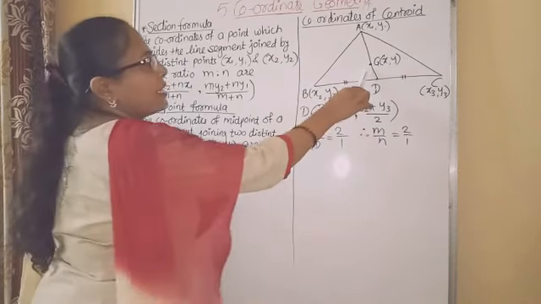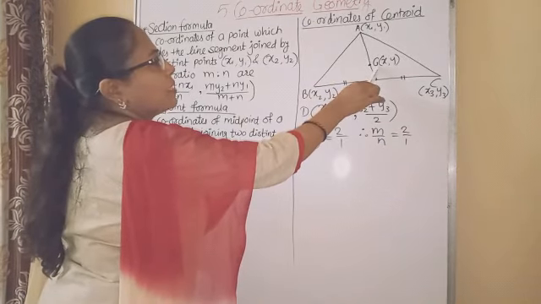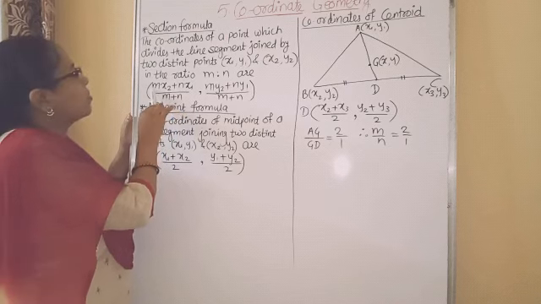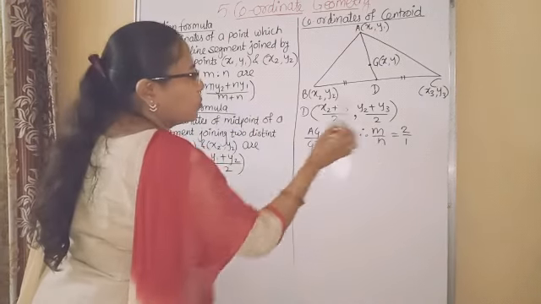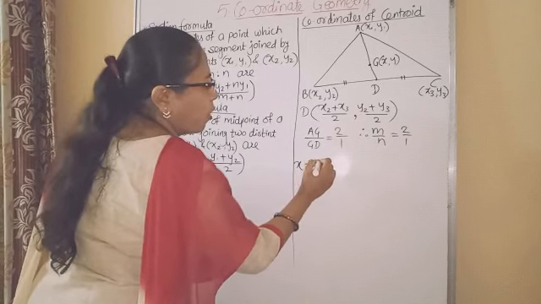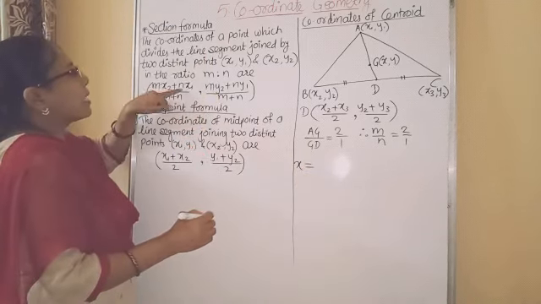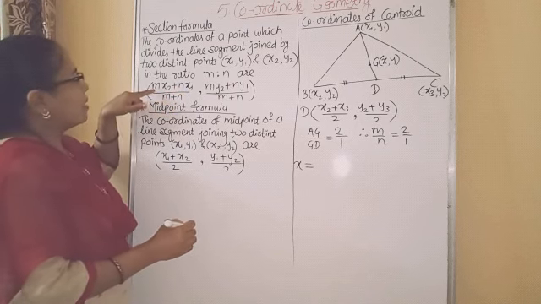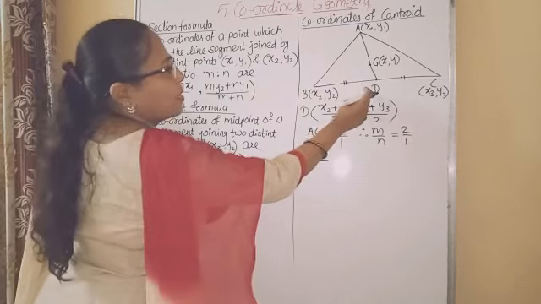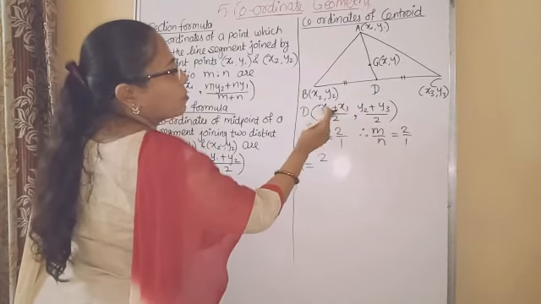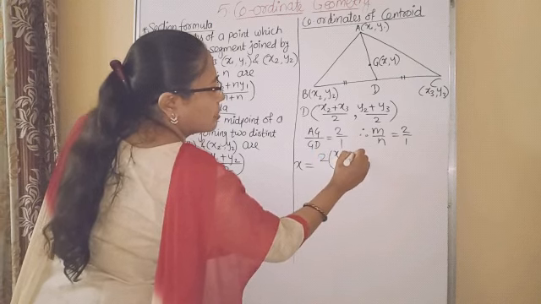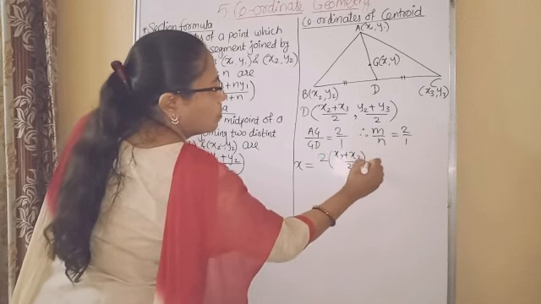So using this section formula we will find the coordinates of the centroid. So m is equal to 2. We first find the x coordinate. The formula is (m x2 plus n x1) upon (m plus n). M is equal to 2, and x2 is the x coordinate of point D, which is (x2 plus x3) upon 2.